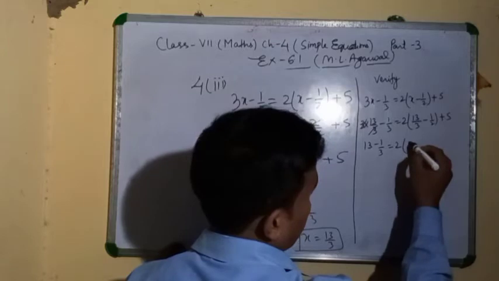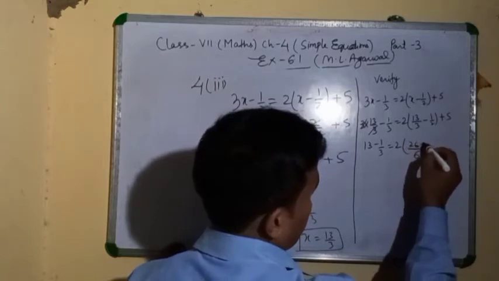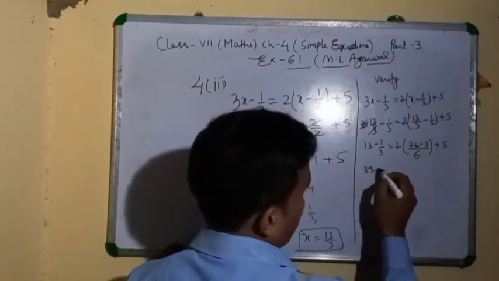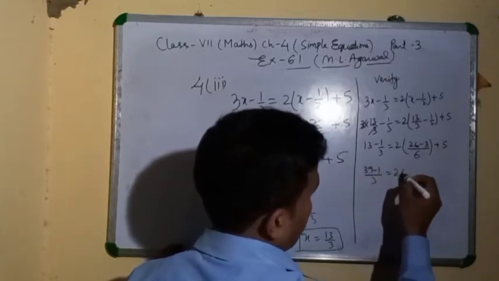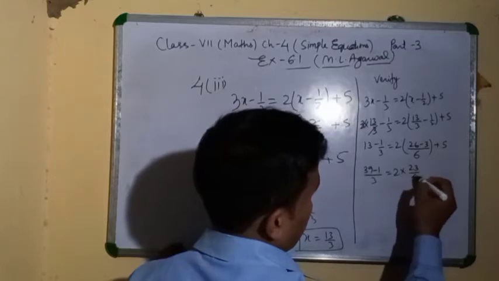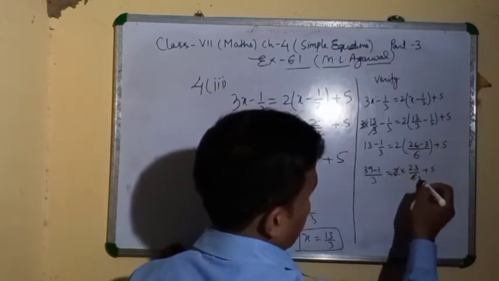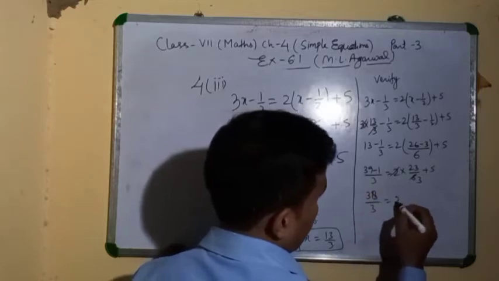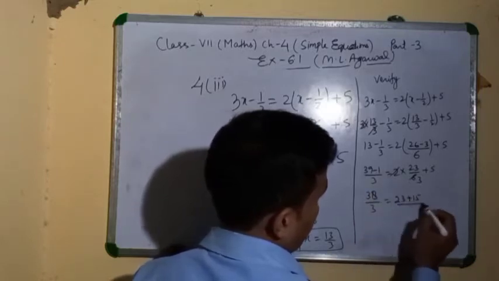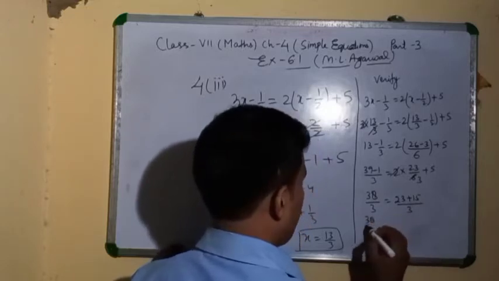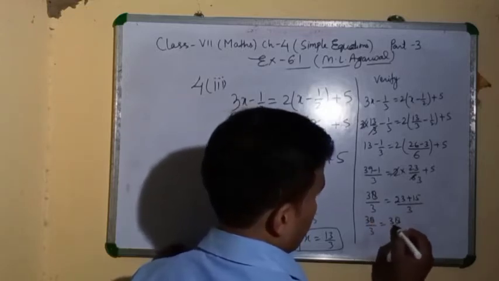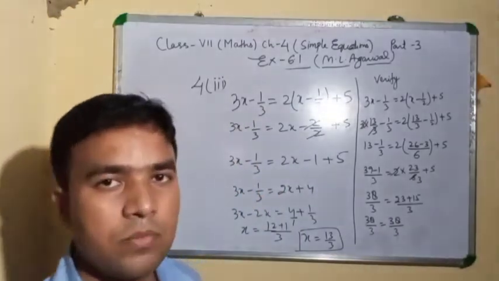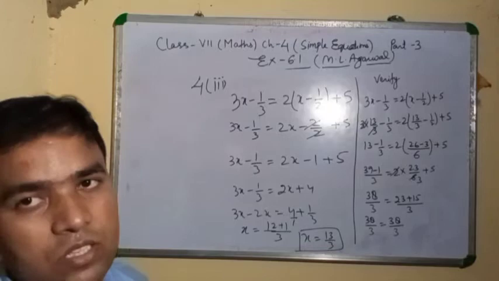LCM is 6, 26, 39 minus 1 by 3, 2 3 is 6, 30, 8 by 3, 23. Clear? Left hand side equal to right hand side is coming, means both are verified.